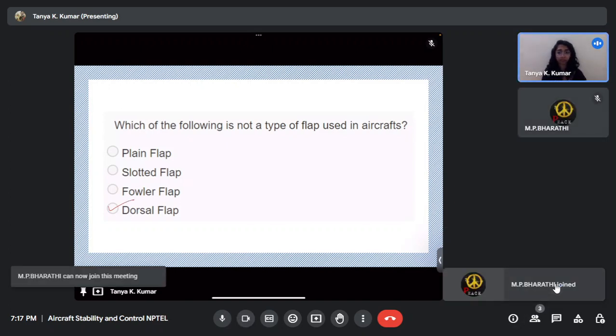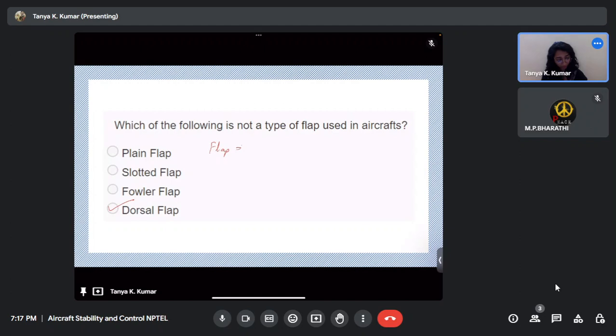Flaps are high lift devices. What is a high lift device? It increases your CL max. When do we have to use this? During takeoff and landing.